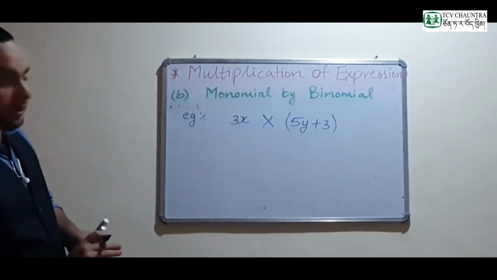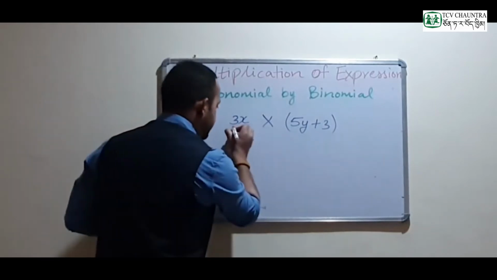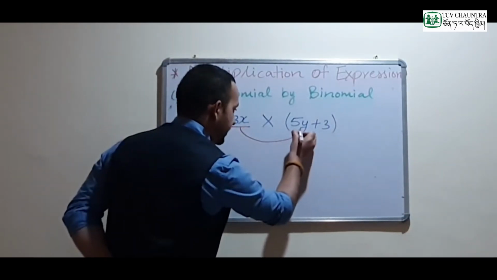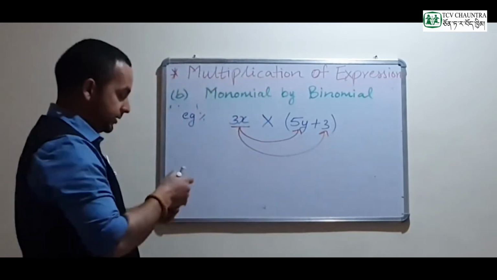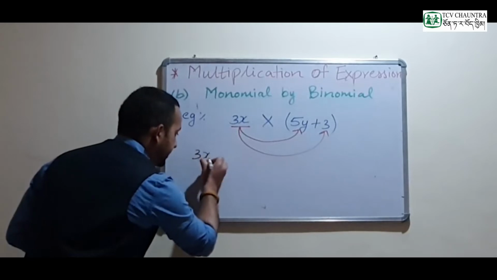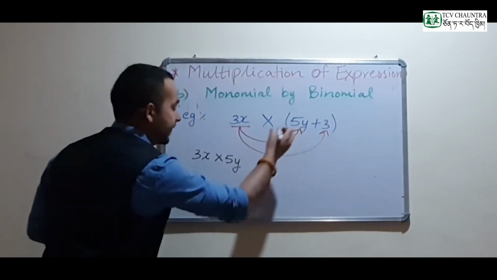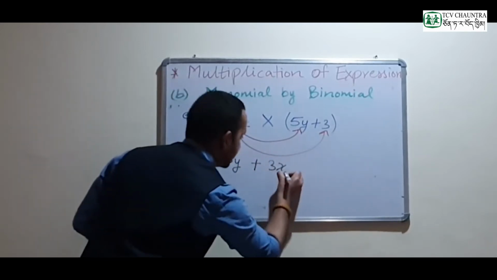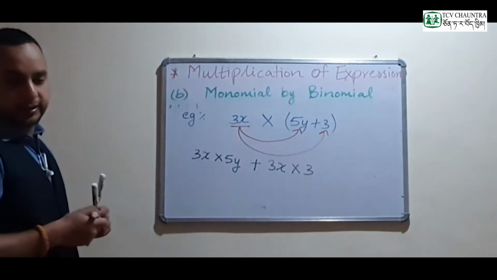Now it's similar to the distributive property. So what we will do, this monomial 3x will first multiply with the 5y, and then after that it will multiply with the 3 itself. So when we solve this, 3x first multiplies with the 5y, and then we write plus, and again 3x will multiply with the 3.